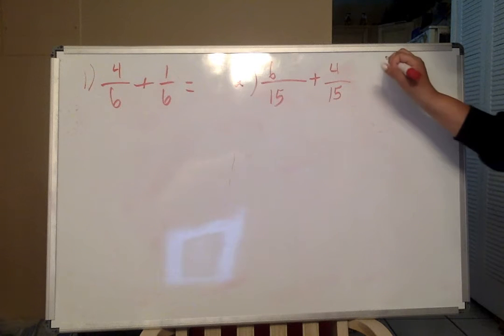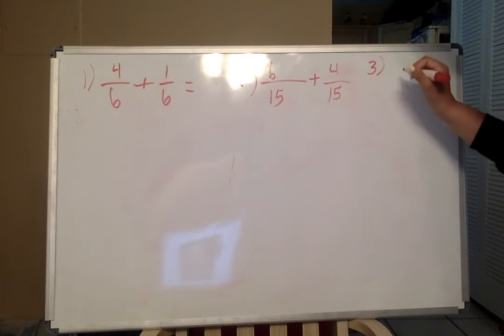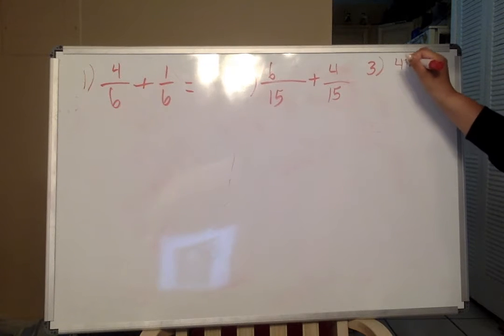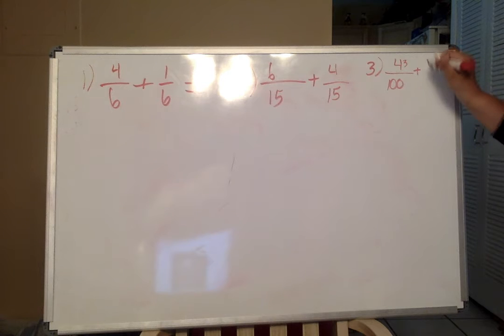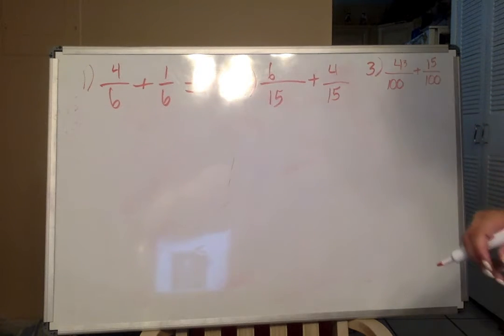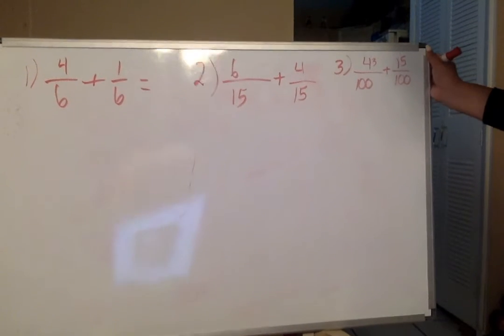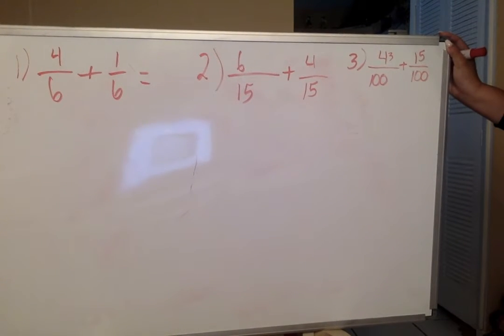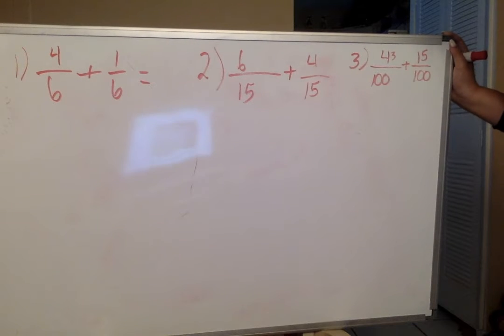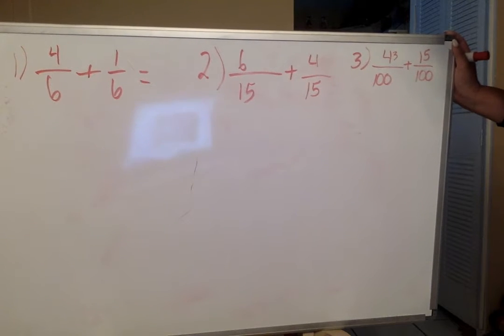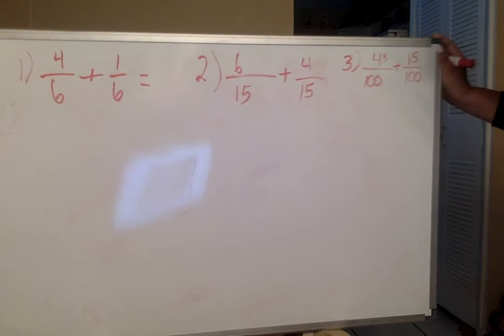And number 3, we can do 43/100 plus 15/100. Okay, so, oh, I see the light is in the way there. So here are those. So 4/6 plus 1/6, then we have 6/15 plus 4/15, then 43/100 plus 15/100. So I'll write these also in the description down below.